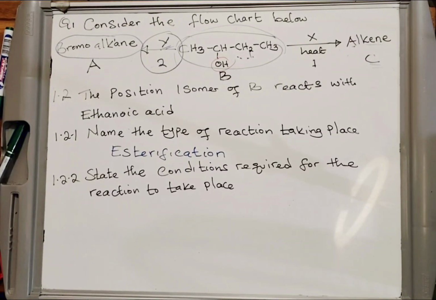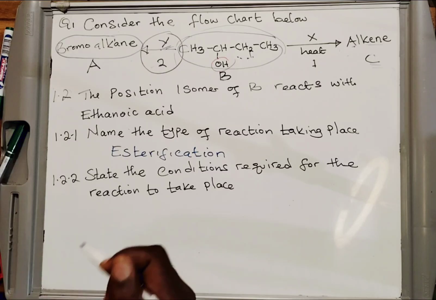Then comes the second question. It says, state the conditions required for the reaction to take place. We have already identified the reaction as esterification. So the question is, what are the conditions for esterification?